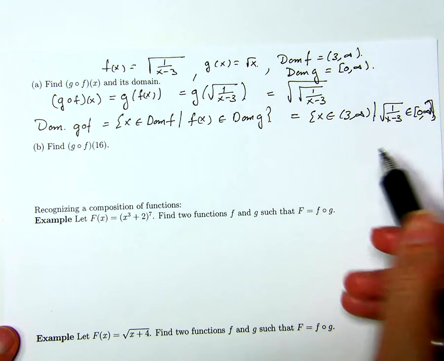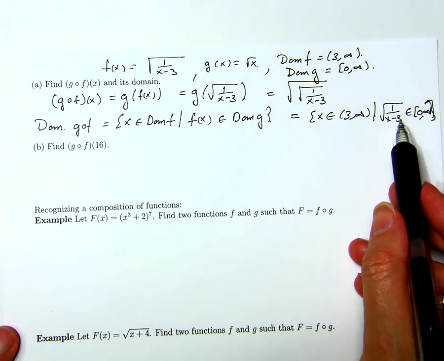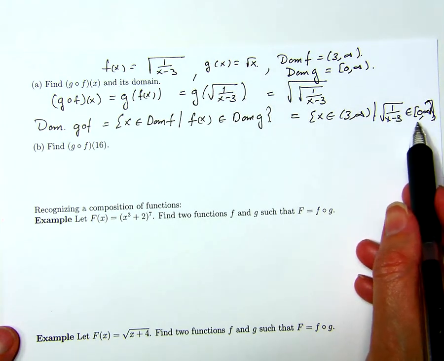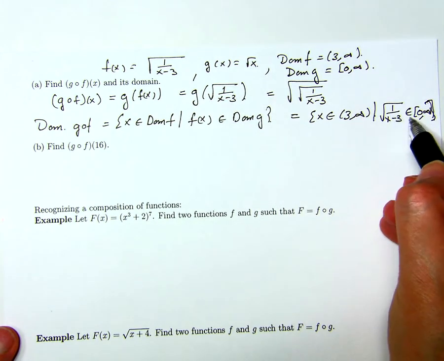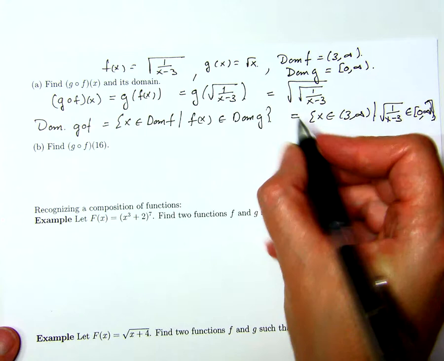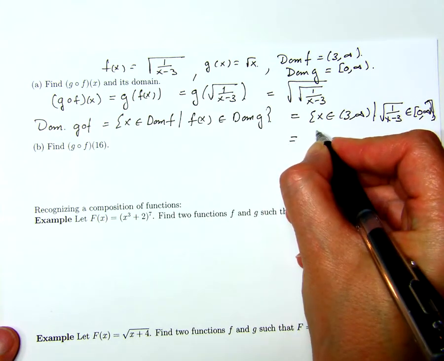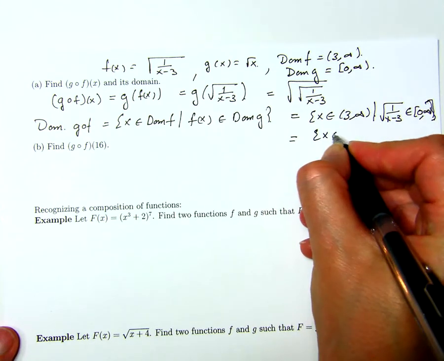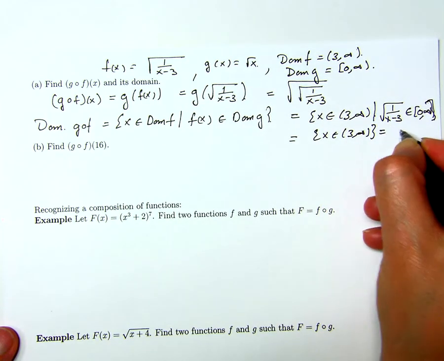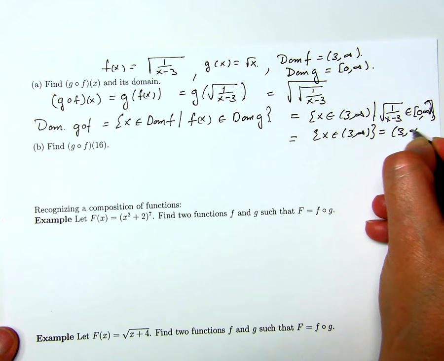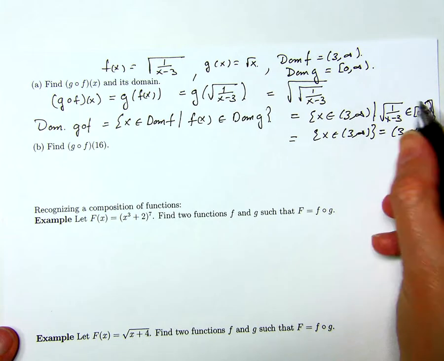Well, this is always true for a positive number. Its square root is always greater than or equal to 0, so there's no restriction here if x comes from the interval from 3 to infinity. So that's just all x in the interval from 3 to infinity, and so our domain is everything from 3 to infinity.